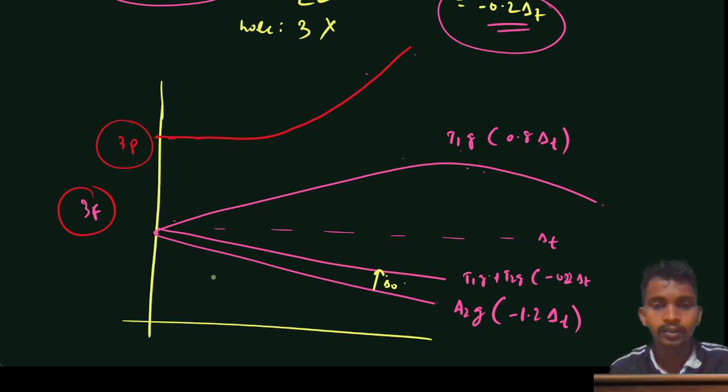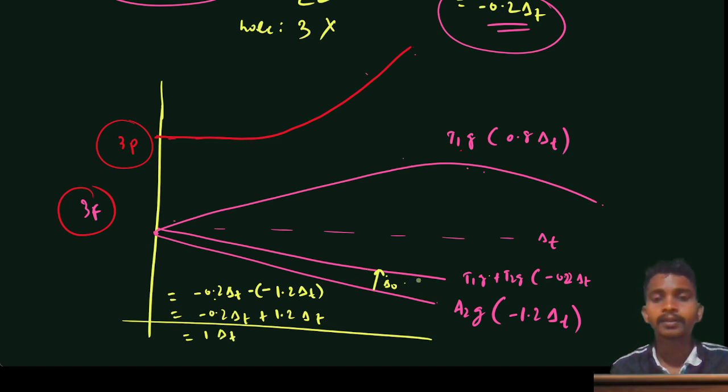So that is minus 0.2 delta t minus minus 1.2 delta t. That is minus 0.2 delta t plus 1.2 delta t, which gives 1 delta t. So this is the delta t for this, and in this case there will be no crossover points, so there will be no weak field ligand, strong field ligand distinction.